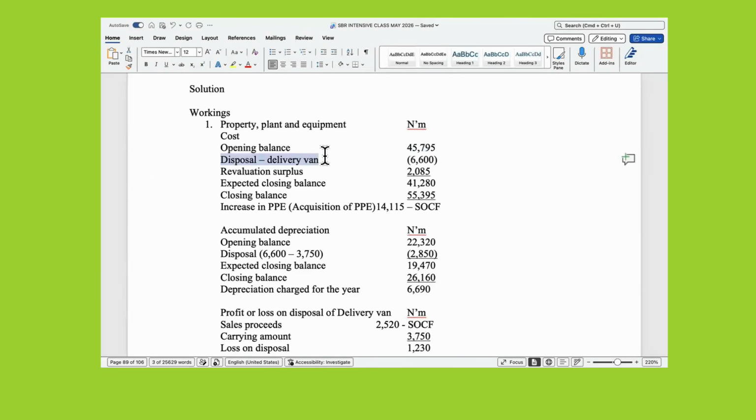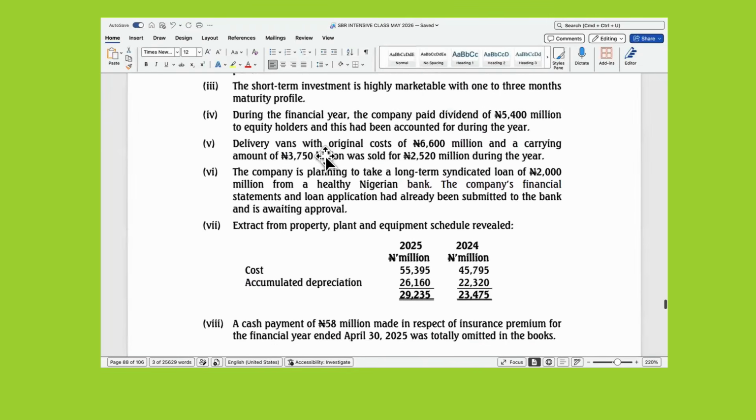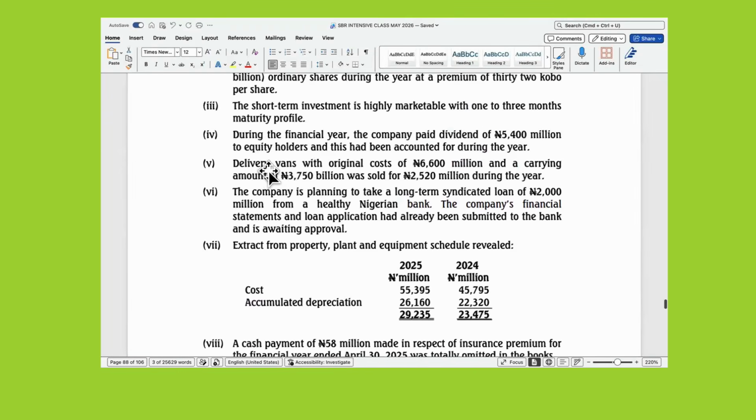They told me in the question in note 5 that a delivery van with an original cost of 6.6 with a carrying amount of 3.7 was sold for this. So when I'm doing movement in costs, don't go and capture carrying amount, nor sales proceeds. What you should capture is the cost of that asset, because I'm doing movement in costs, and anything that goes to an asset account is always at cost.